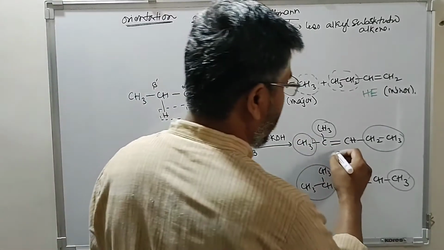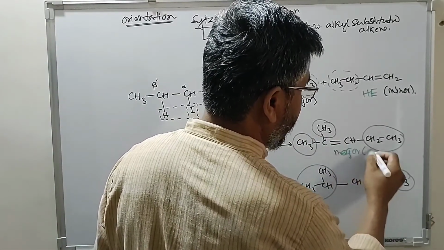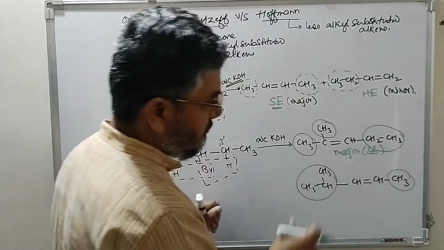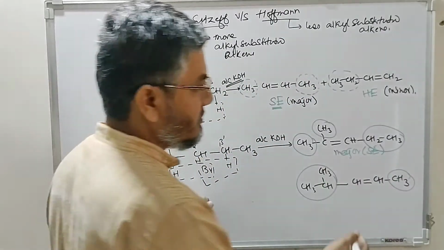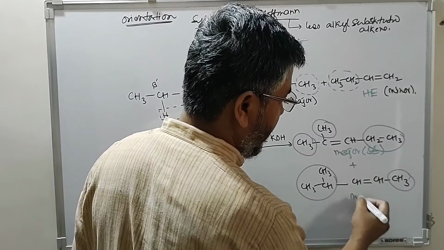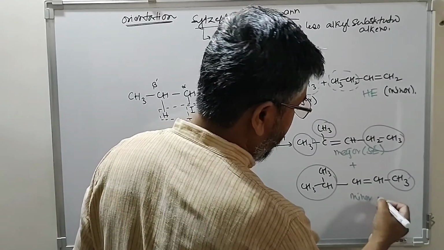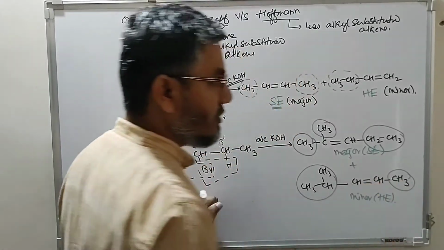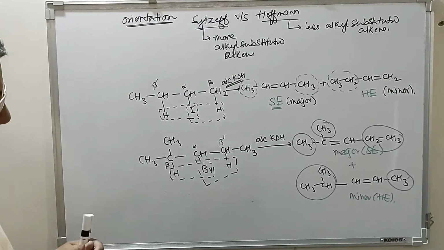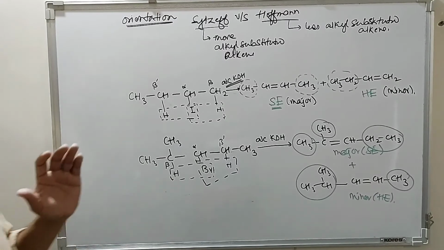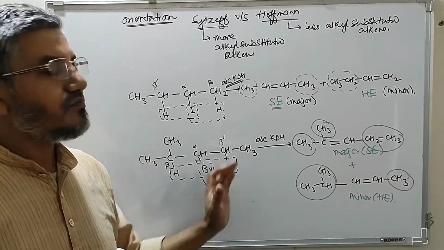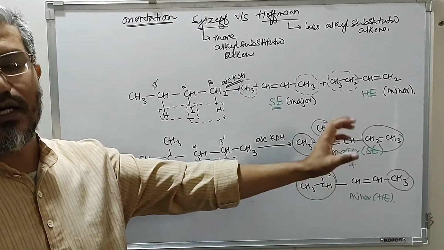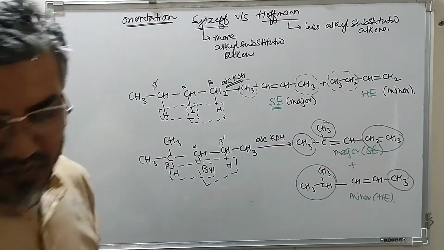So this is major, that is the Saytzeff product. The one having fewer alkyl substitutions forms as the minor product, and this is the Hofmann elimination product.